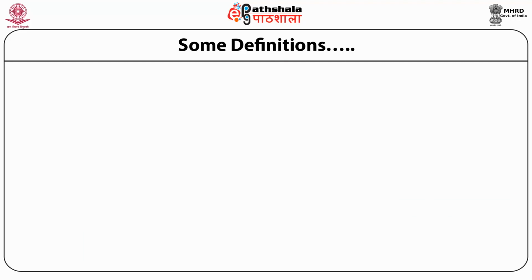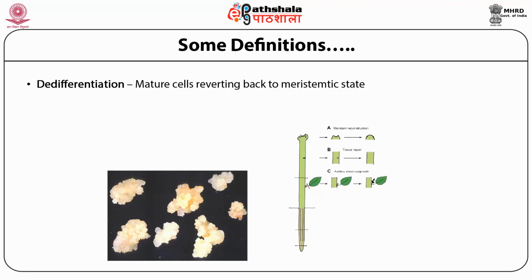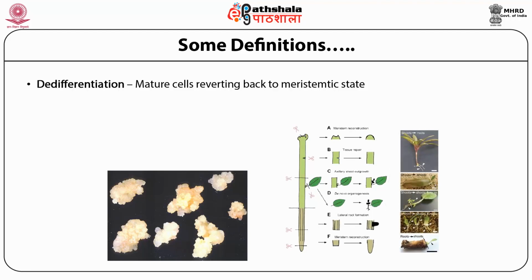So before we proceed further, let's take up certain definitions. As I said, mature cells, we can make them dedifferentiate. Differentiated cells are now forgetting and they are becoming callus. So they are coming to a meristematic state, which essentially means they divide, redivide, and followed by further differentiation.